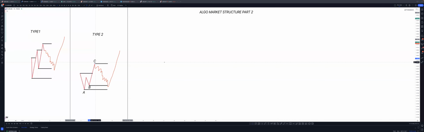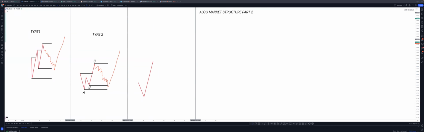Now for type 3, we have price do something like this. We have price give us a break.